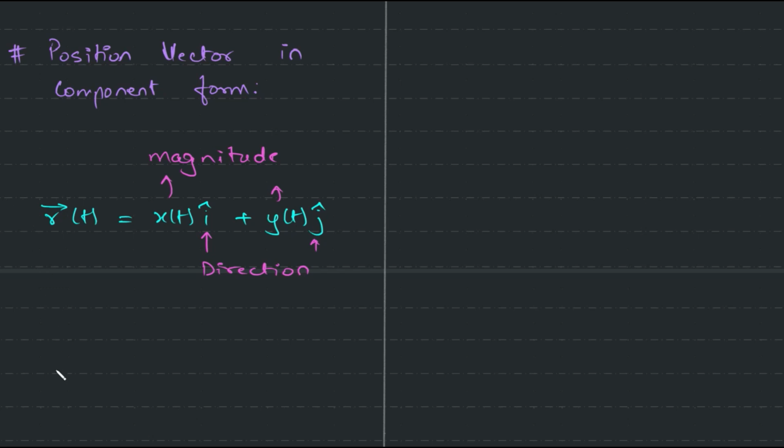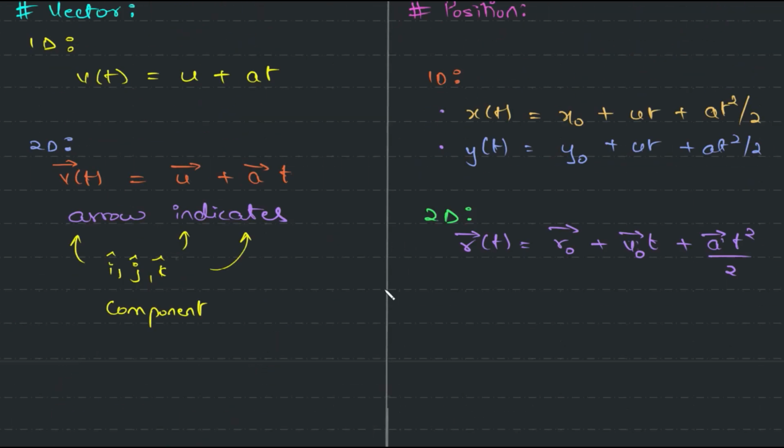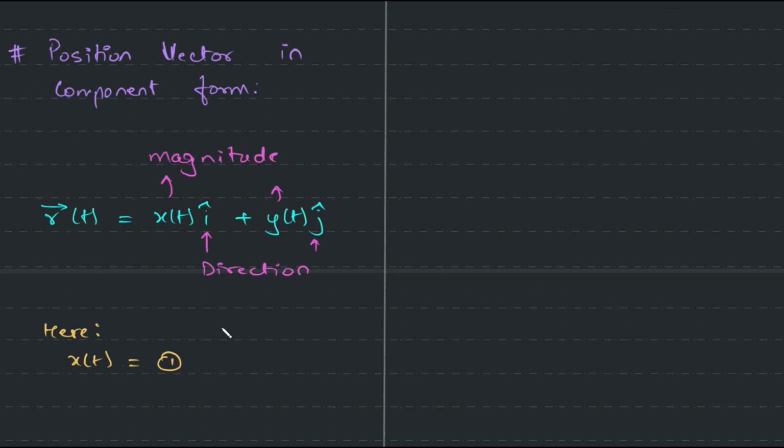Okay, and here x of t is the same thing as this, or let me write it out. So x naught plus v naught x t plus a x t square by 2.